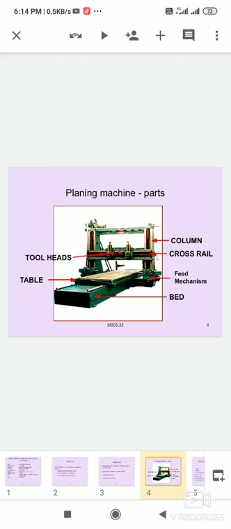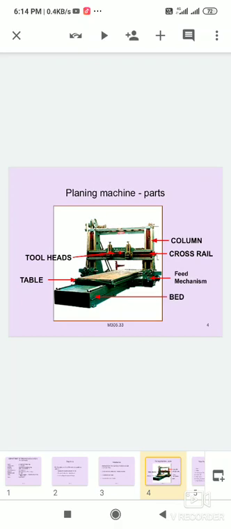The table has T slots, and the workpiece is clamped on the work table using different types of clamps, angle plates, T-bolts, parallels, etc. The bed is mounted on the floor.